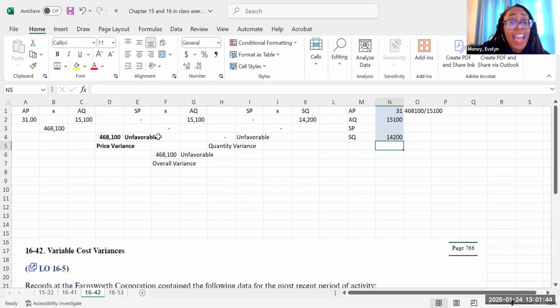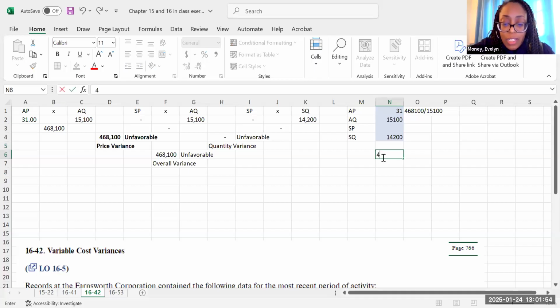Once I find the X that is missing, I can then work backwards to find the piece that is missing here. So here's what we're going to do. We're going to take the 468,100, and we're going to subtract X, and then we're going to set it equal to the negative 45,300.